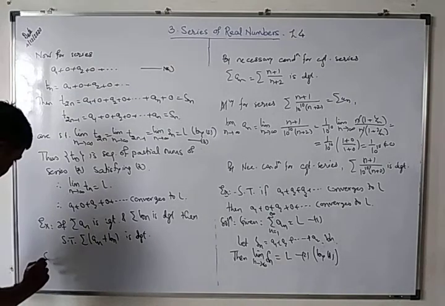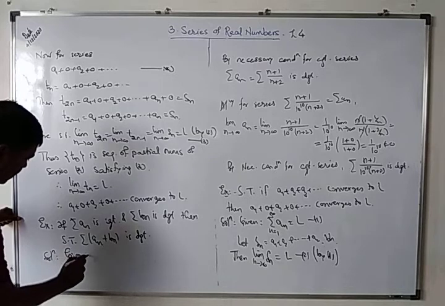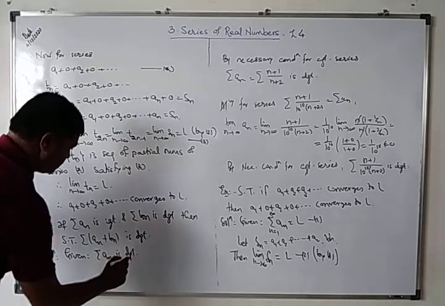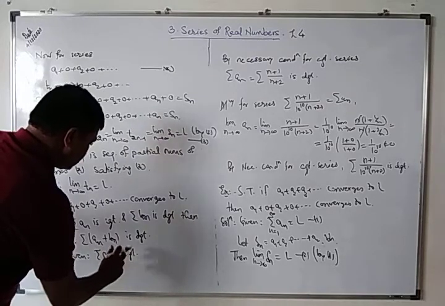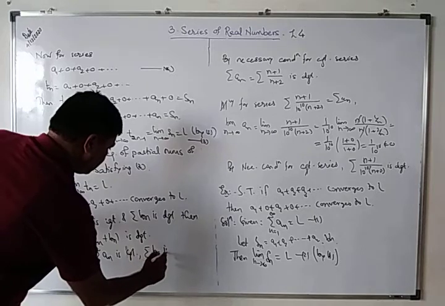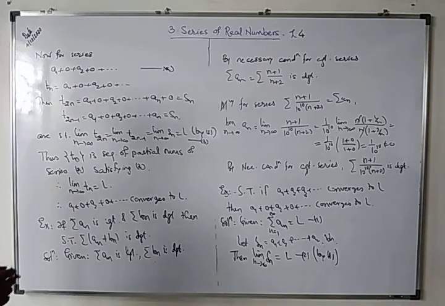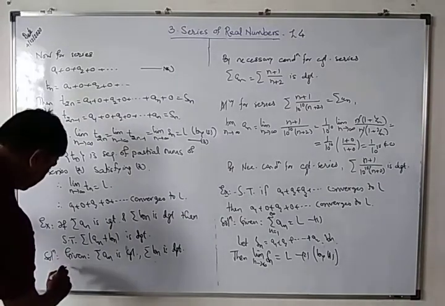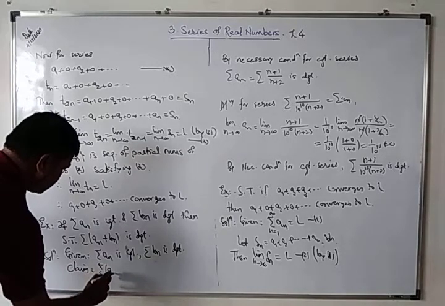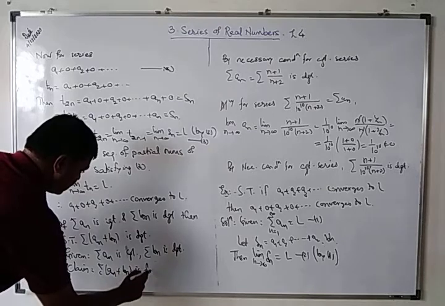Solution: given summation an is convergent, summation bn is divergent. Claim: summation of an plus bn is divergent.